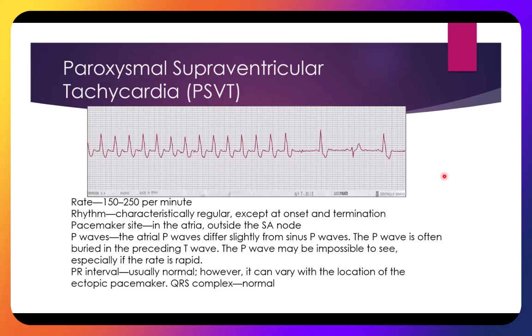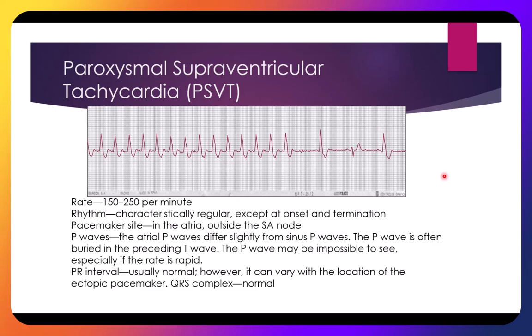A pacemaker site is in the atria. If you are able to see a P wave, it will often be a little bit different looking than when it converts. However, the faster the rate goes, the more difficult it's going to be to see a P wave because, like somebody had said in class on Monday, you're going to typically have it buried in the T wave.